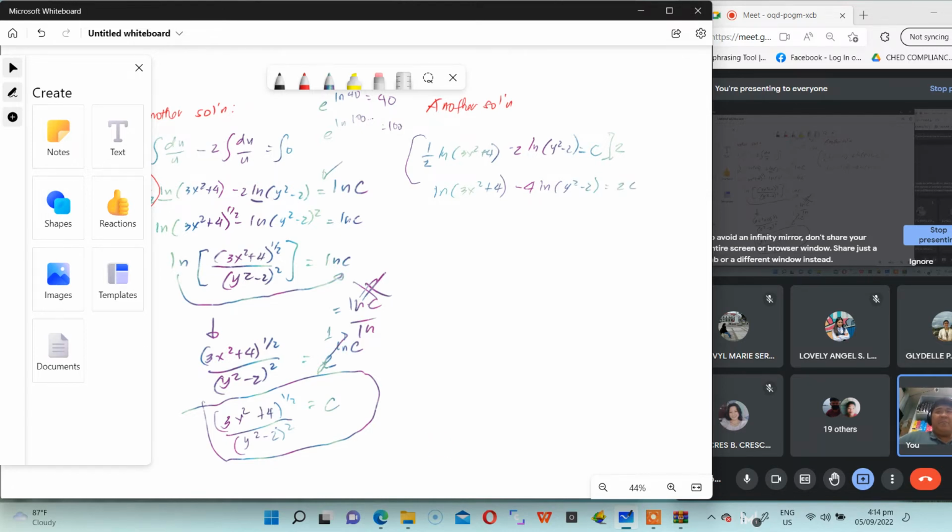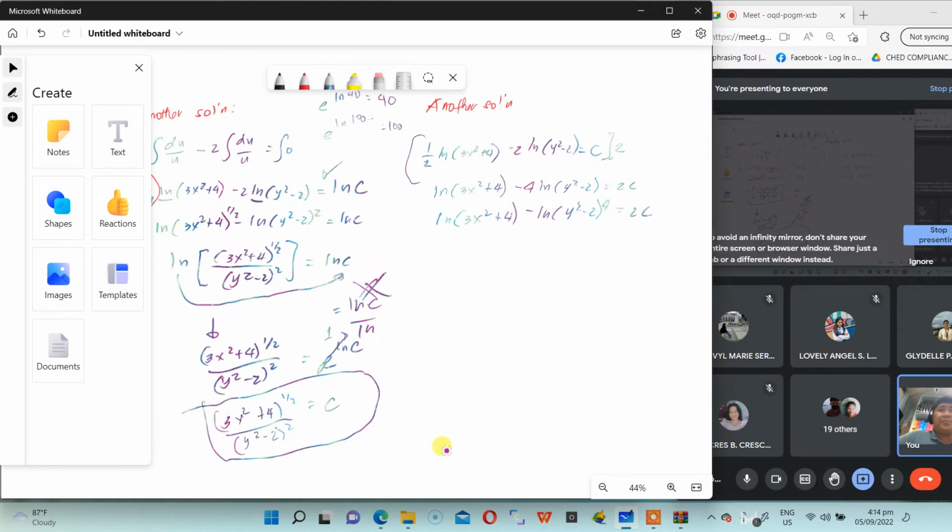So from there, you could do again the same process: ln 3x squared plus 4 minus ln y squared minus 2 raised to the power of 4 equals 2c.